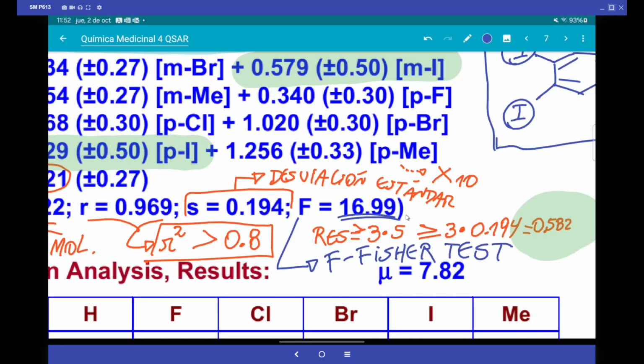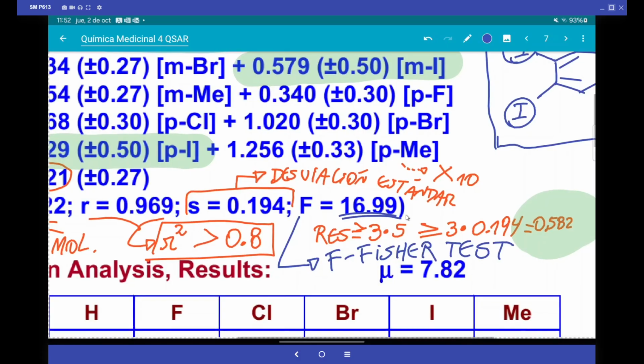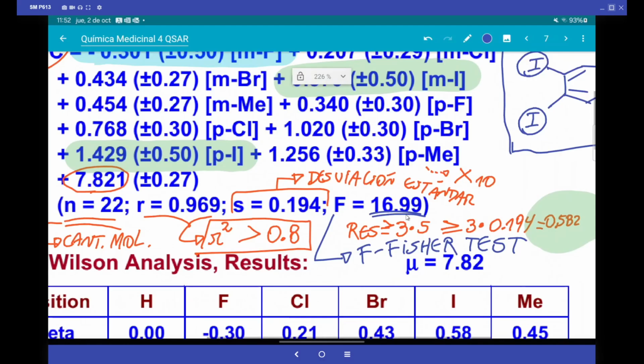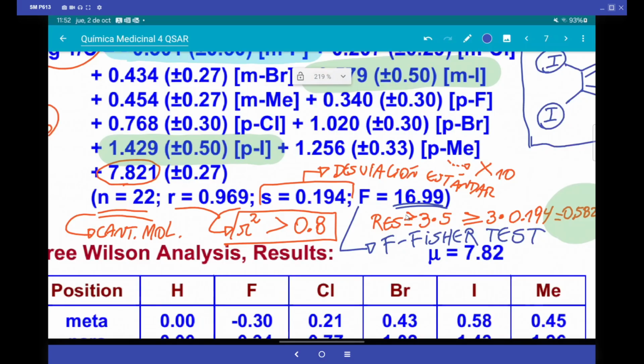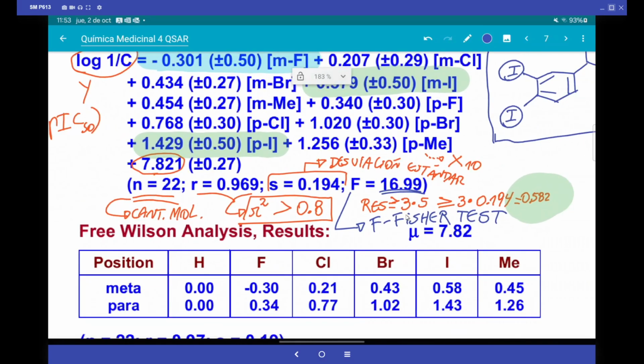At a higher value of F, the model is more reliable. And at this point, the question arises, are those all the metrics that a QSAR model has to calculate? No, they are not all the metrics that we have to calculate in QSAR. We have to calculate S. And there are other metrics that we are going to see in the practical workshop.